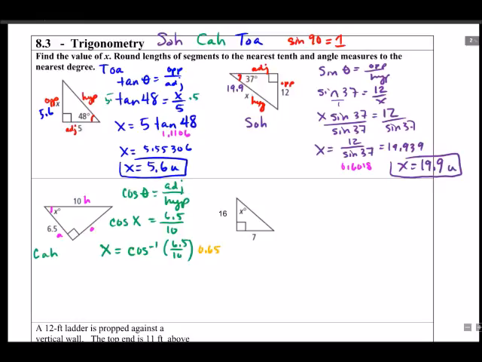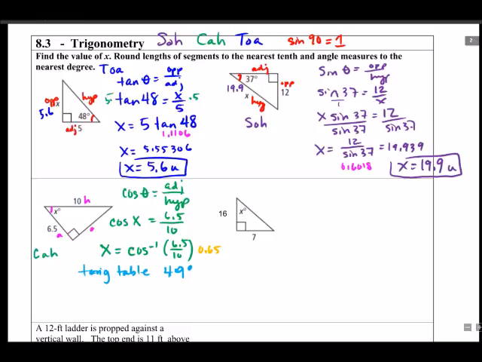So we can go look on our trig table. 0.65 is about 49 degrees.